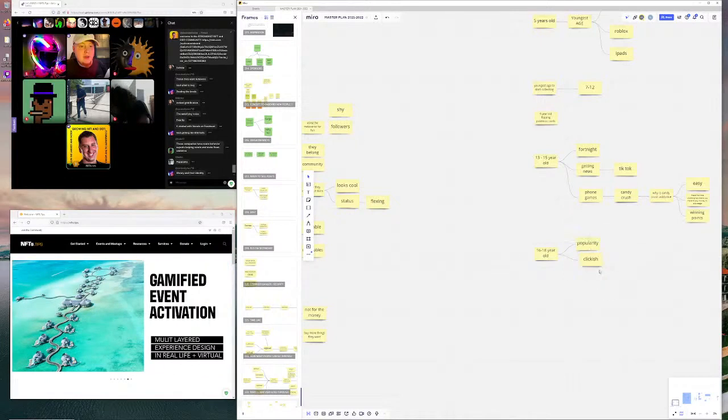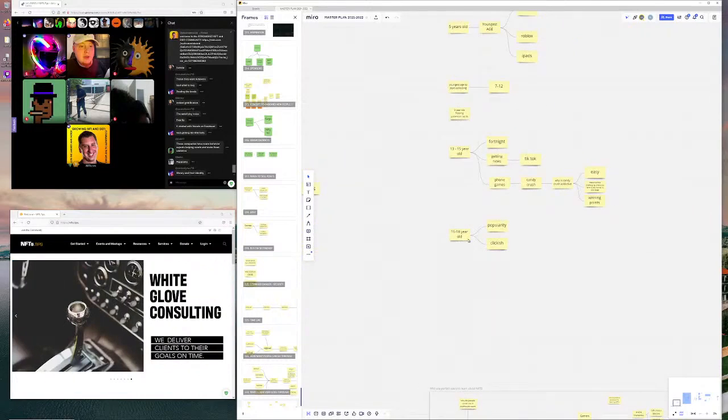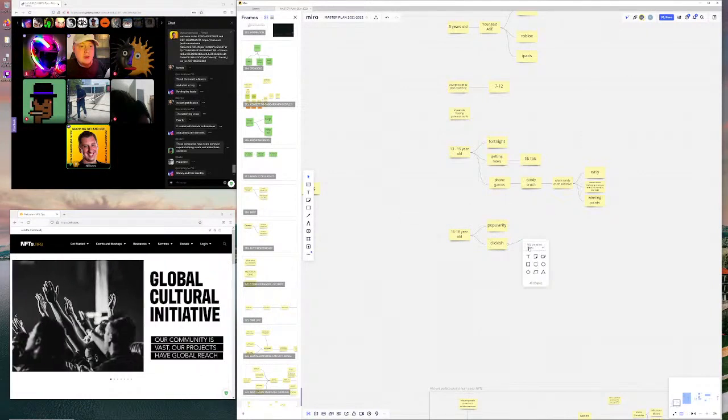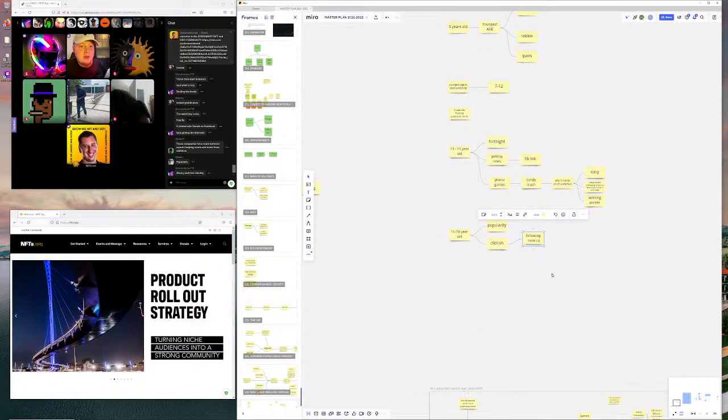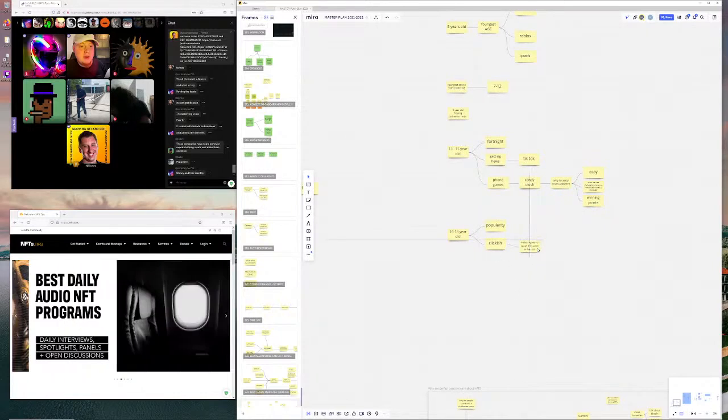So cliquish? Yeah, they're more cliquish. So this makes me believe that there's more people following now than ever before because they want to be cool. Alright, so we got 18-year-olds, they want to be cool.